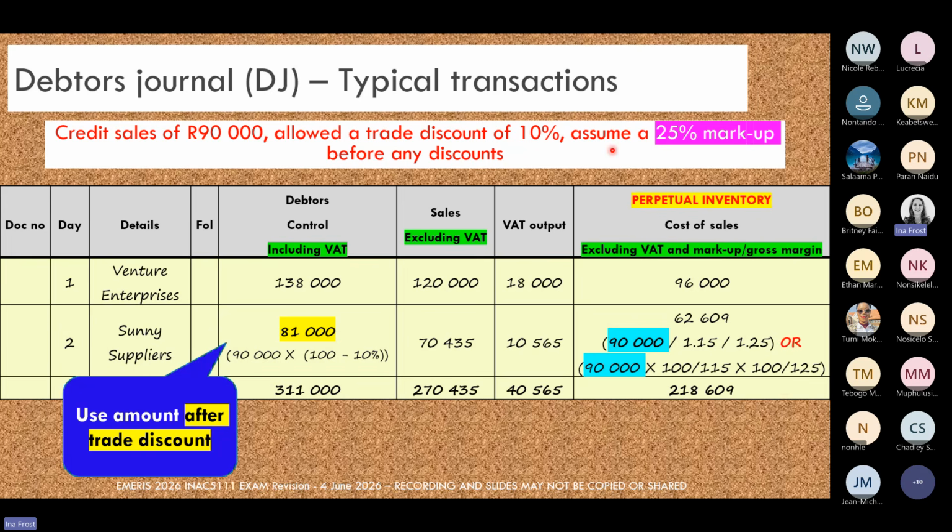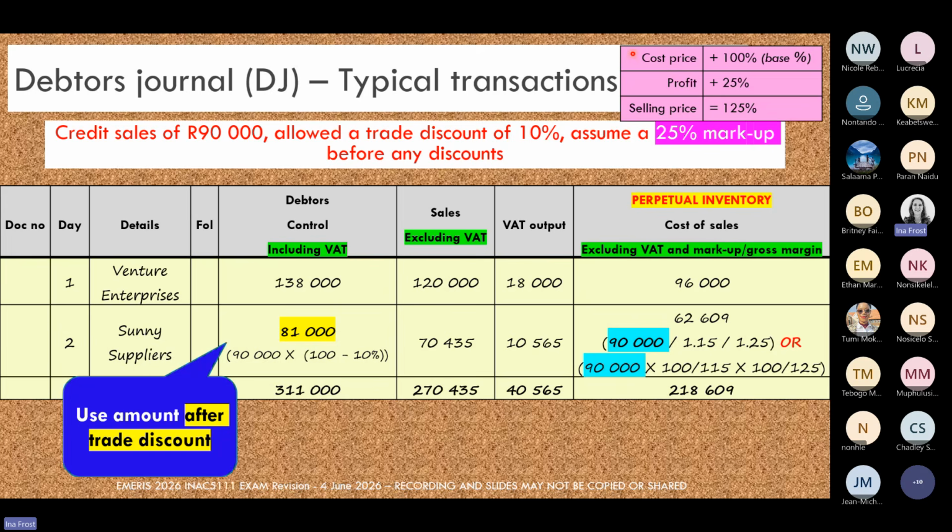Remember, they said we have to assume a 25% markup before any discounts. And just to remind you again, the relationship is going to look like this. If we're working with a markup, the cost price is 100, the profit is 25%, and the selling price is 125. So if I want to work out the cost of sale, I need to go back to the price before the discount.